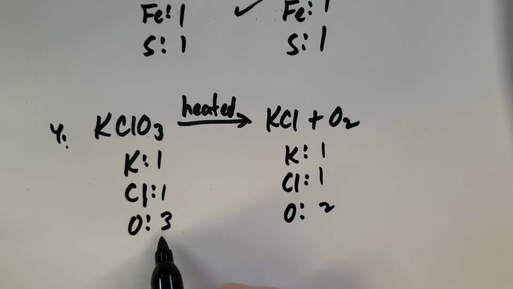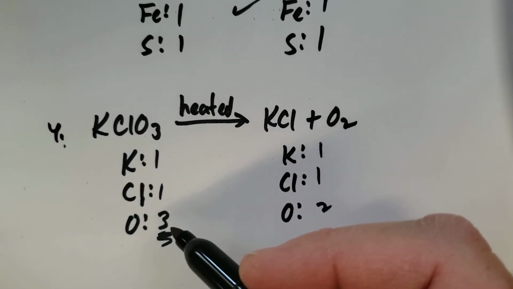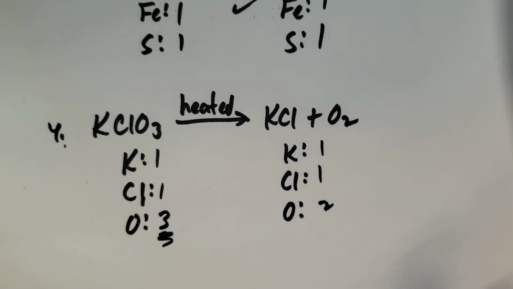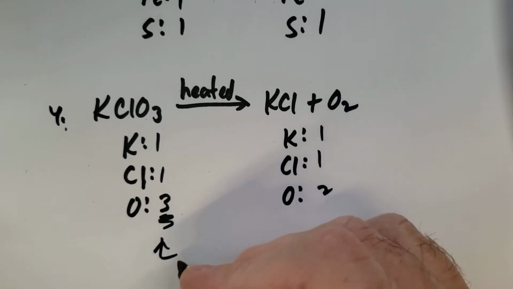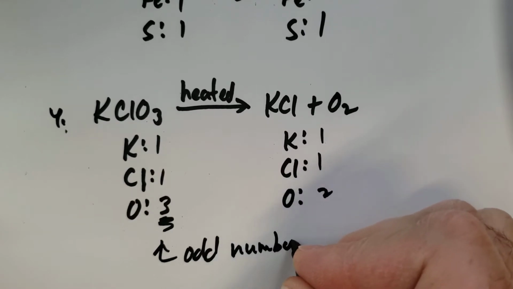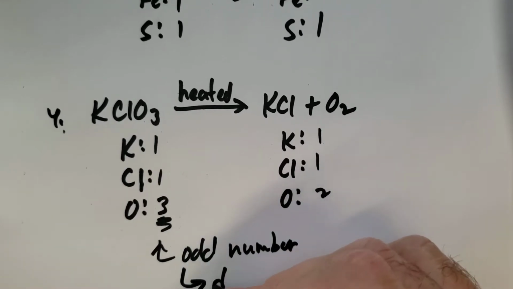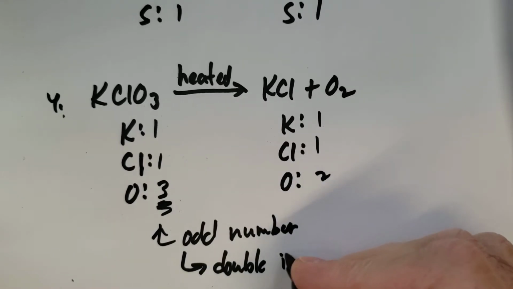Now, whenever you have an odd number of oxygen, notice I leave oxygen until the very end because a lot of compounds have oxygen in them. So I'd leave them till the very end. If you do have an odd number, try doubling it. And there's the bell. So double it.